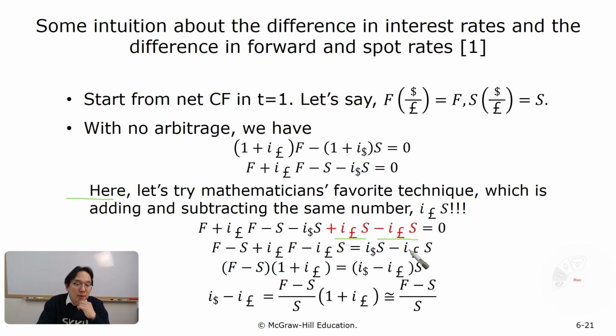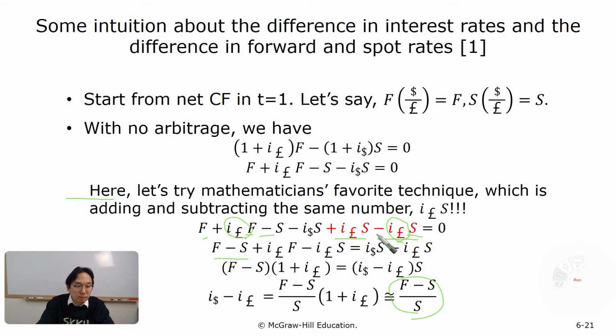Well, I want to make this kind of format, F minus S, on one side. So F minus S. Oh, I can see that, right? And then is there any F and then S? Well, here is another one. F, and then here is S with I sub pound.